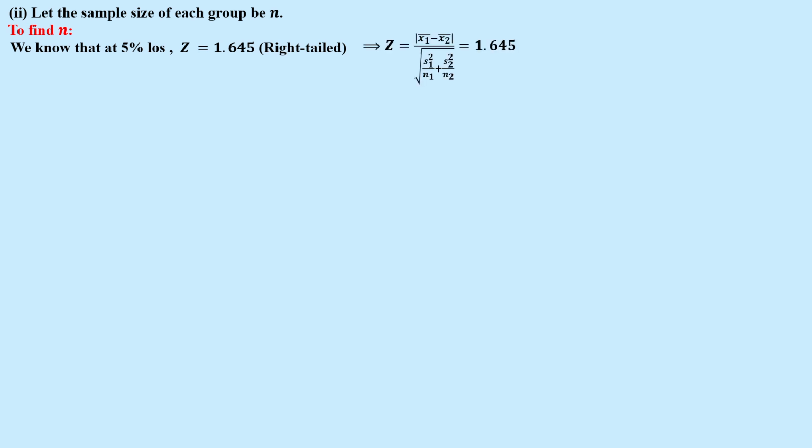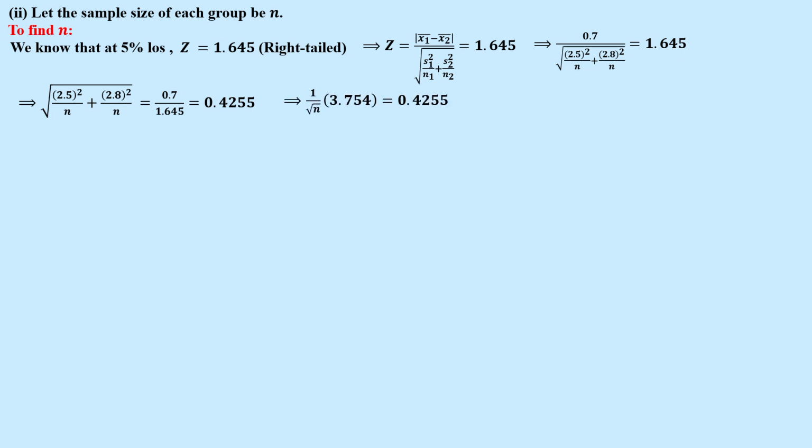Second one, let the sample size of each group, that is n1 equals n2 equals n. To find n, we know at 5% level z is equal to 1.645, right tail test. We use the same idea, put 1.645 instead of 1.96 and simplify, so you will get 1 by root n into 3.754 is equal to 0.4255, therefore n is approximately 78.